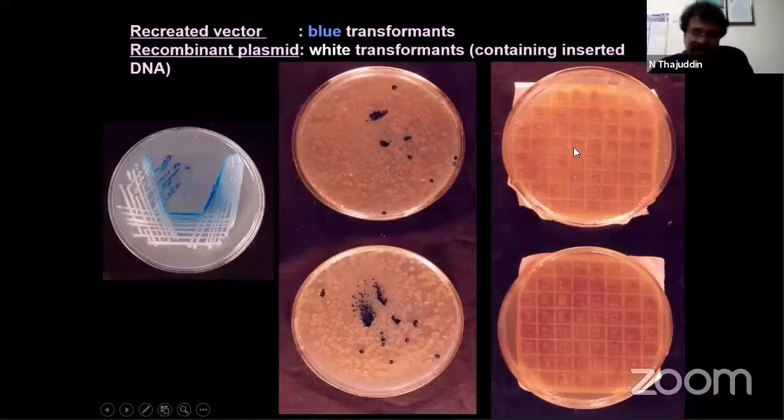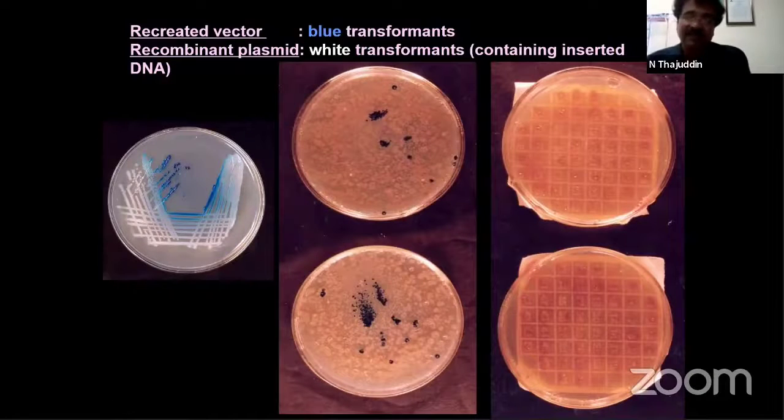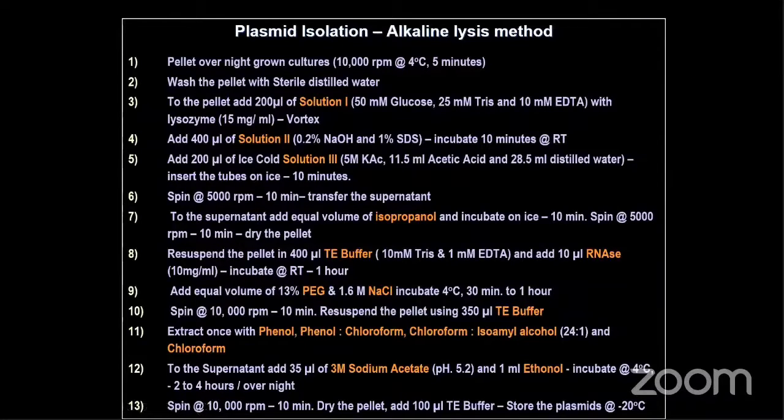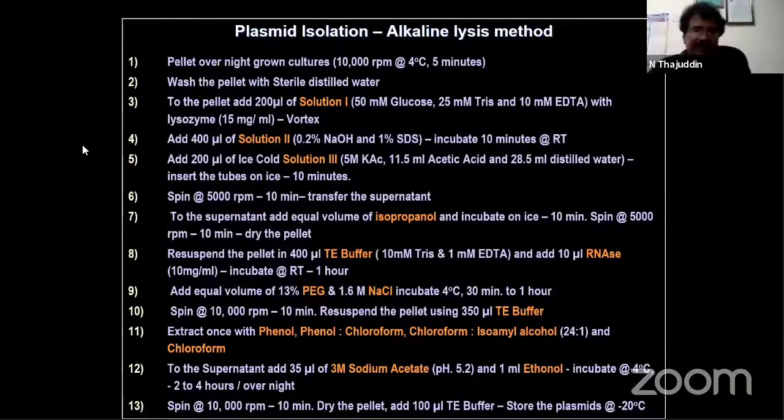From these clones, we select each and every clone, isolate the plasmid, and then sequence the plasmid, and finally you get the 16S rRNA sequences. After getting the blue-white colonies, you select the white colonies and then isolate the plasmids. The method is somewhat similar to genomic DNA isolation, with small variations.